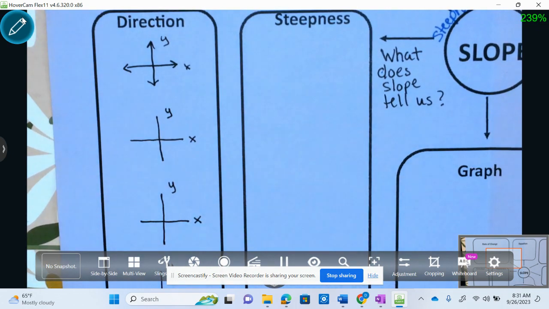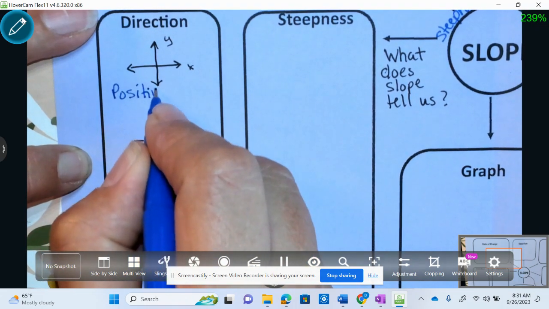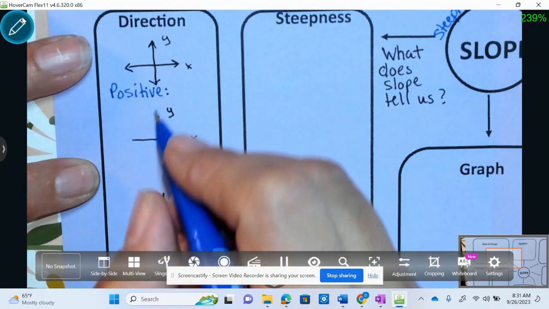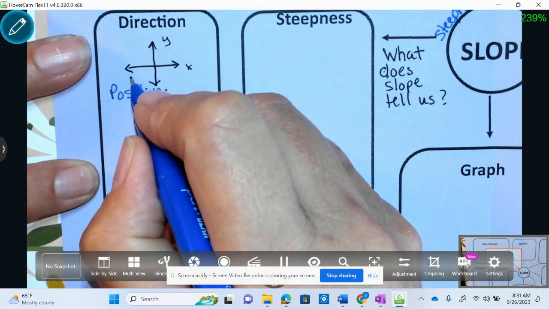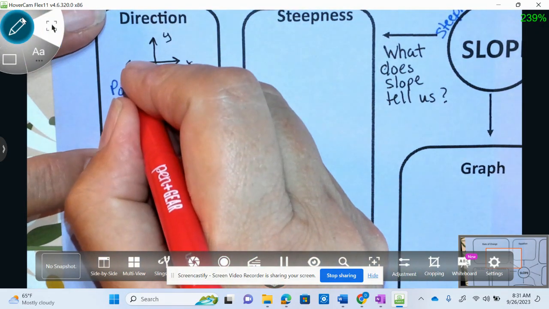So let's start off with positive slope. Positive slope looks like, as x gets bigger, what's happening to the y value? Y is getting bigger.